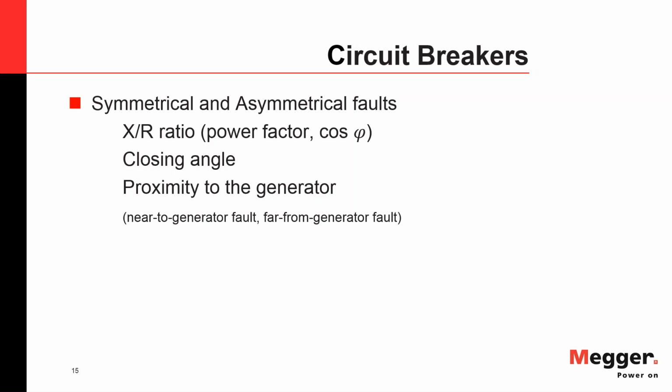And of course, it's determined if the fault is close to the generator or far from the generator. If it's far from the generator, there's the impedance of the line and the impedance of the transformer that will bring the fault currents down, and the asymmetry is not as severe.